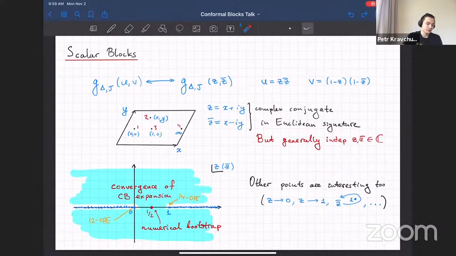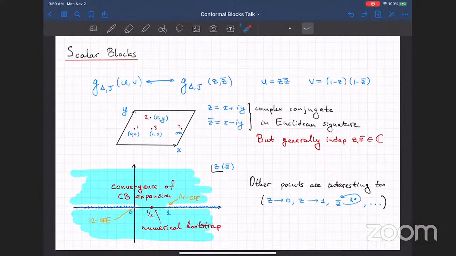What I'm saying is that you have 4 points with cross ratios u and v, and you can compute z and z bar according to these formulas. Then you can apply a conformal transformation which maps them to this configuration where they all live in a two-plane, and the only point at a random position is point number 2. Its position x and y are related to z and z bar in this way.